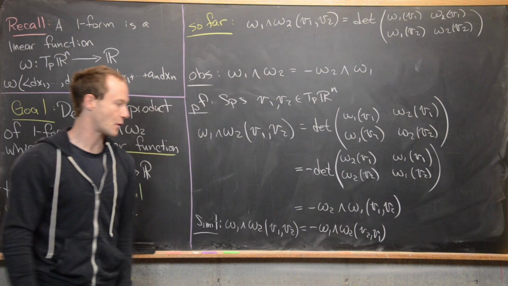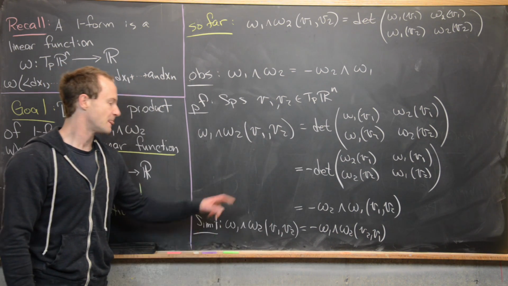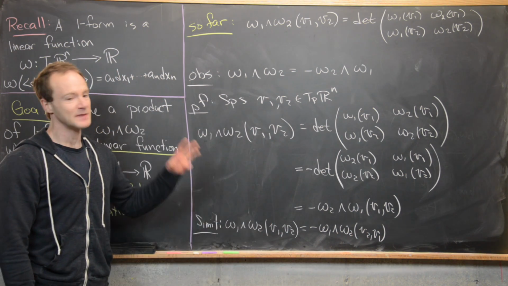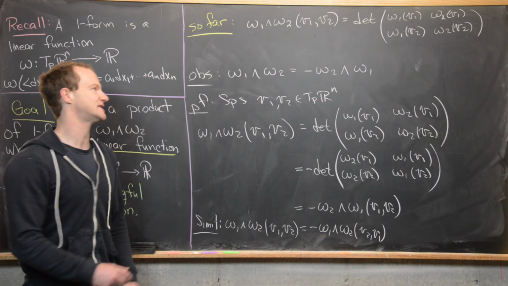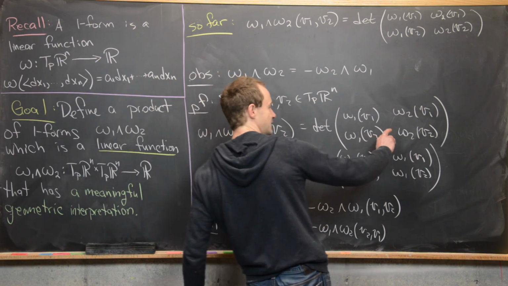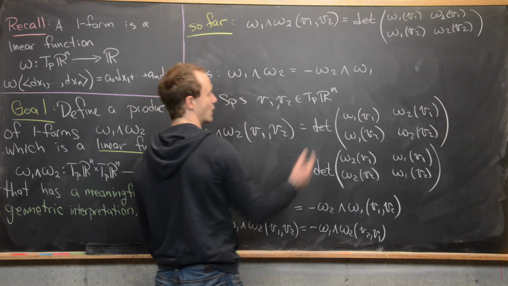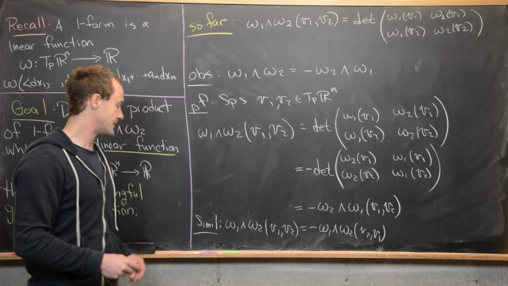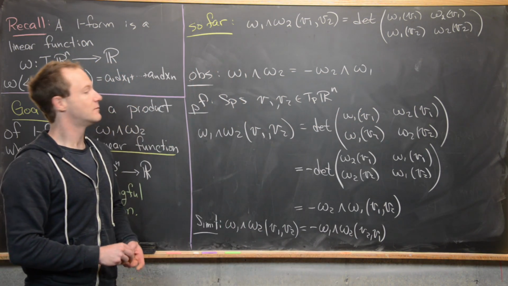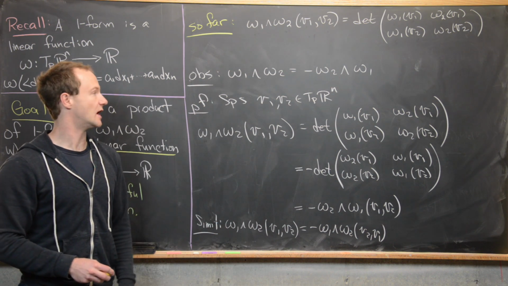So if I swap the order of my inputs, I also pick up a minus sign. And that's done with essentially the same proof, except instead of doing a column swap, we're going to do a row swap.